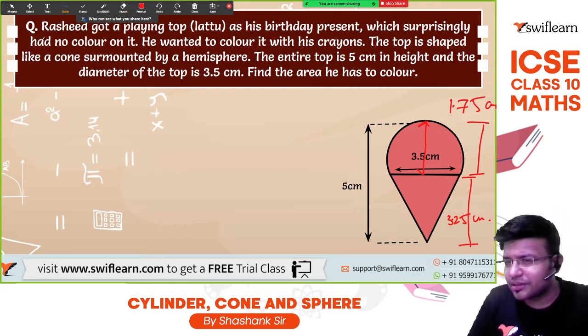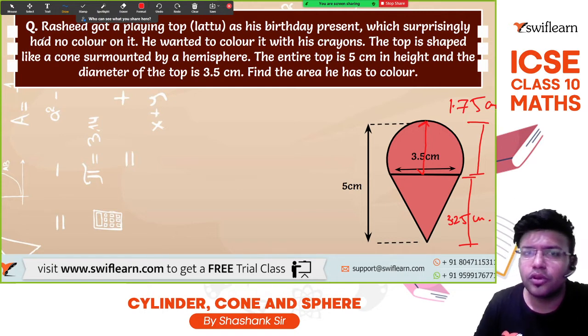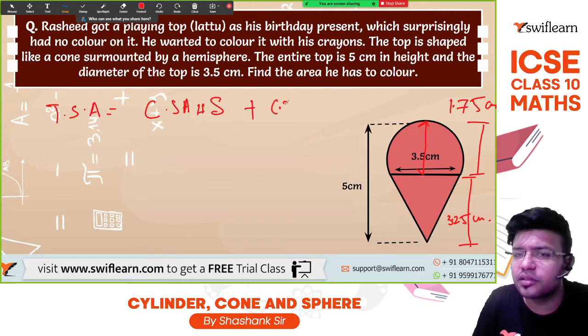Yes, this height. So find the area he needs to cover. The total surface area of the toy is given by the curved surface area of the hemisphere plus the curved surface area of the cone.